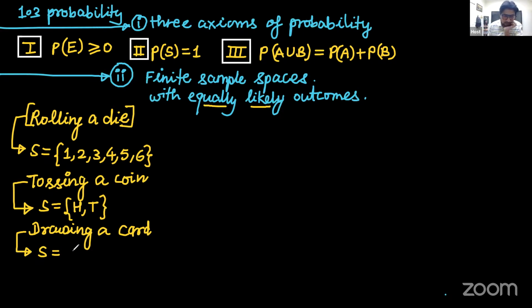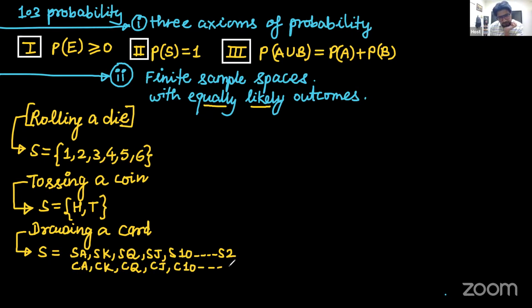You can get the ace of spades, the king, queen, jack, 10 of spades, up to 2 of spades. Then you can get the ace, king, queen, jack, 10 of clubs, and finally 2 of clubs.